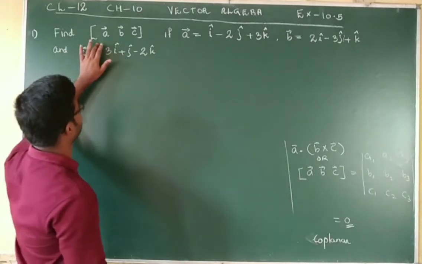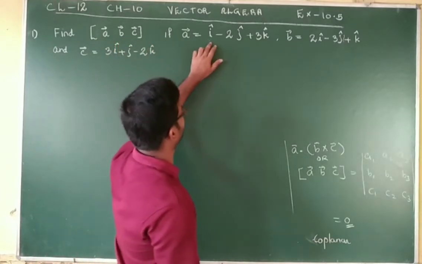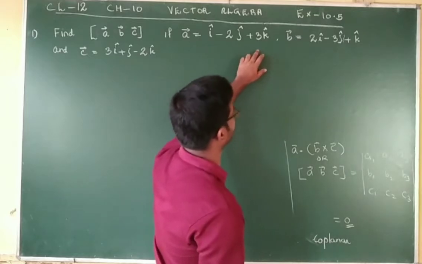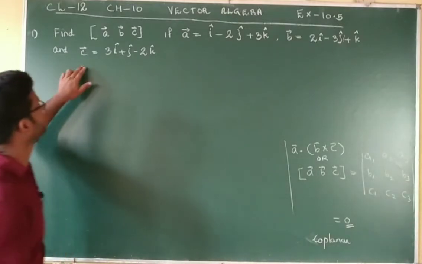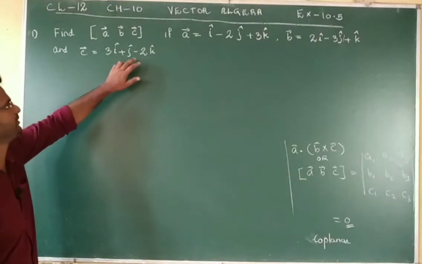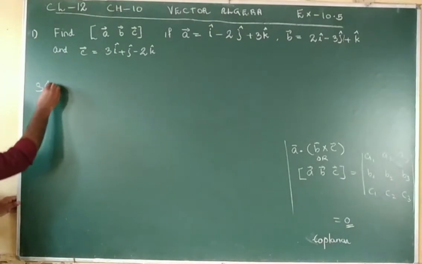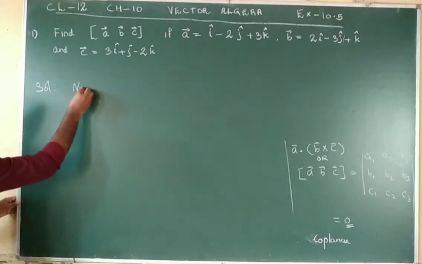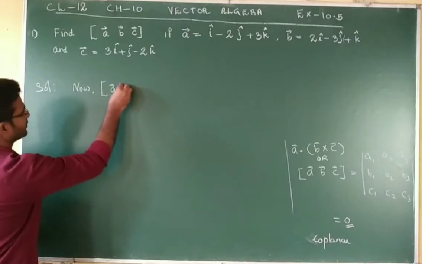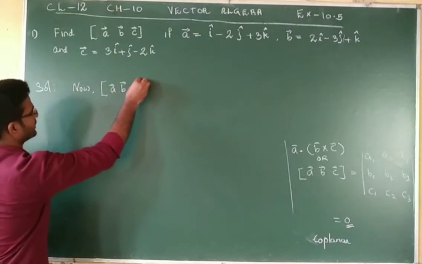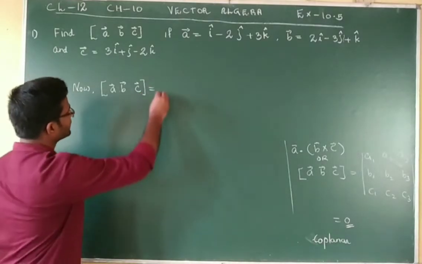Find the scalar triple product of A vector, B vector, C vector if A vector equals i minus 2j plus 3k, B vector equals 2i minus 3j plus k, and C vector equals 3i plus j minus 2k. Now, scalar triple product equals, we can use the determinant method.